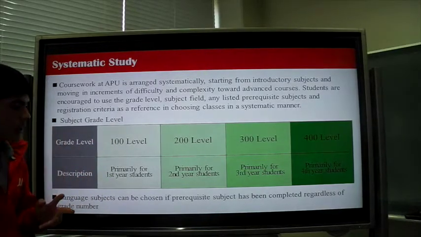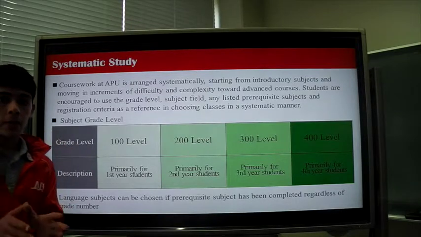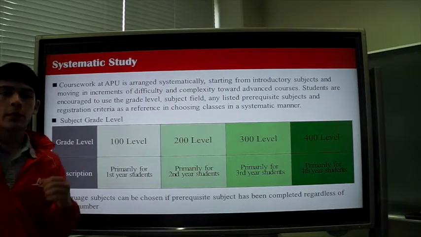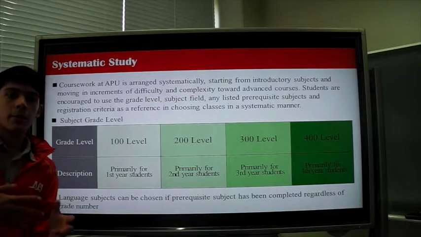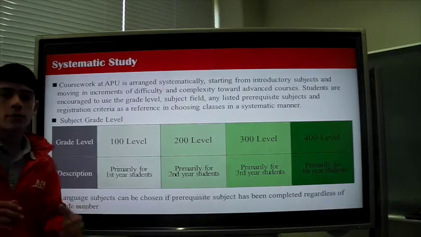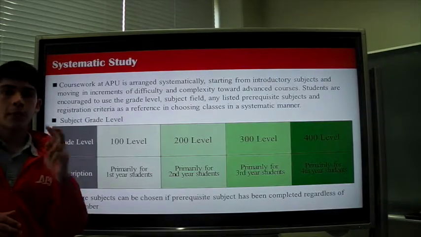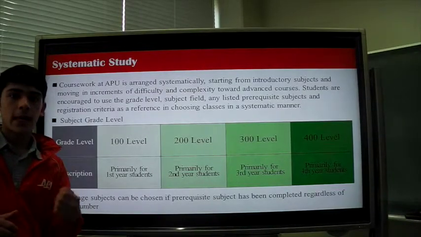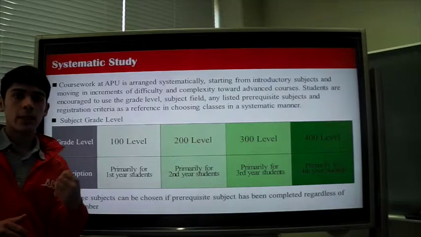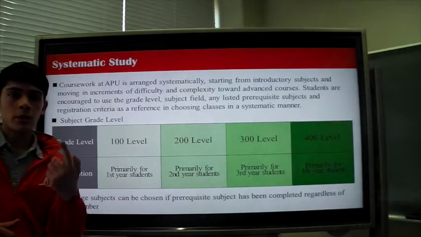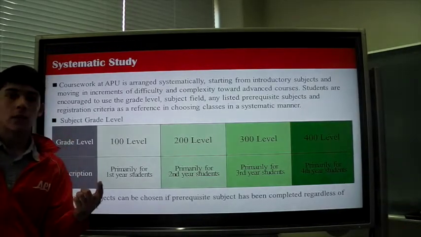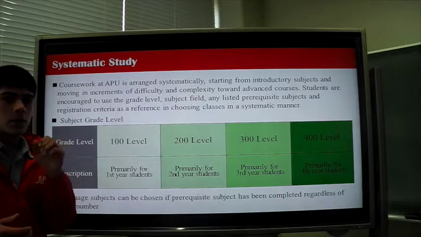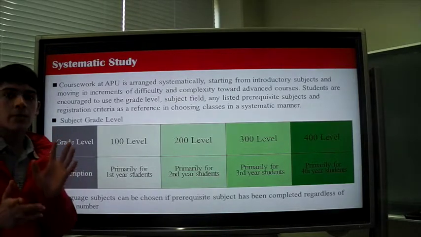The second point is AP languages. The AP provides 6 AP languages, and you can take all of them from your second year. However, if you get exempted from your Japanese courses in your Japanese placement test, you can take them from your first year. Therefore, the second point is that AP languages might have exemption.